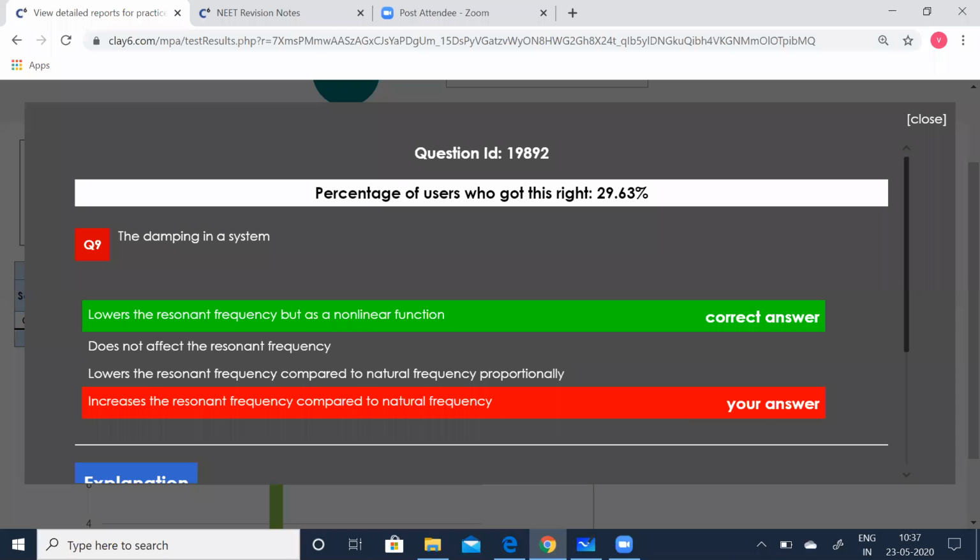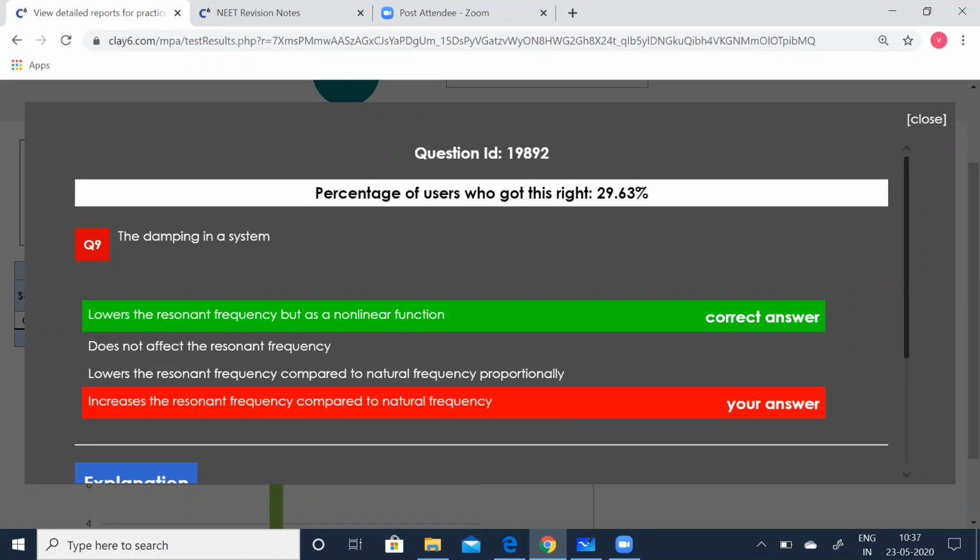Let us see where it went wrong. The statement is that damping in a system lowers the resonant value. Yes, it lowers the resonant value, but as a non-linear function, it does not affect the frequency. So we marked it as increases the resonant frequency. Actually, we saw that omega dash was lesser than omega n, so it should have been that it lowers the resonant frequency.